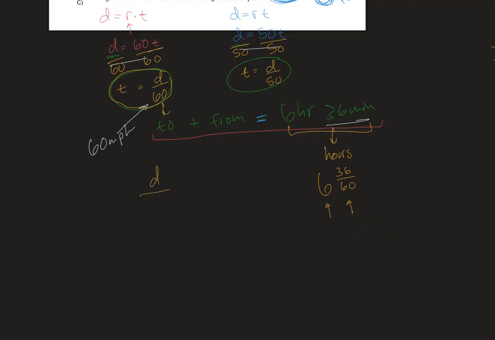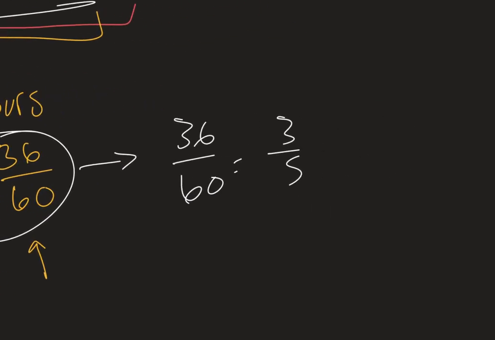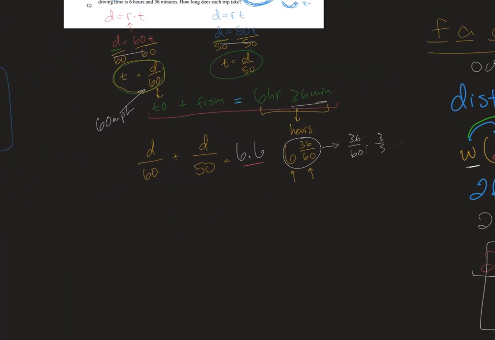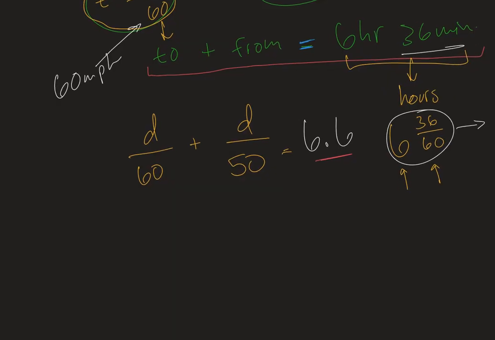We're going to have d over 60 miles per hour plus d over 50 miles per hour, and that is equal to 6.6 hours. And in fact, wait, what? If you were to convert it to a decimal, 36 over 60 is really 3/5. How is that? Well, if you divide both of these by 12, you get 3/5, and 3/5 is 0.6, so thus 6.6.